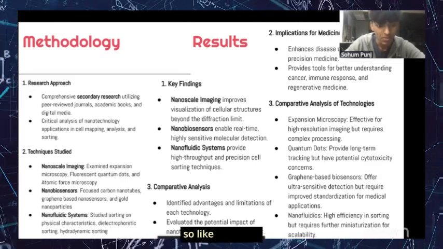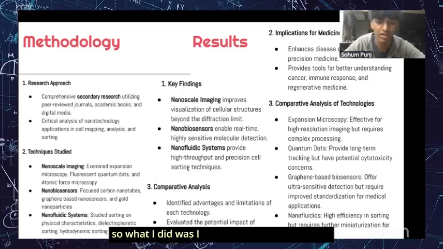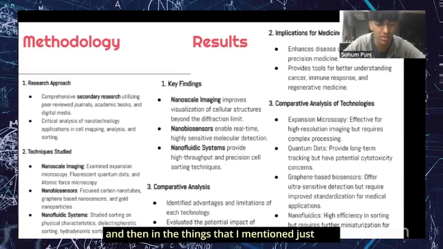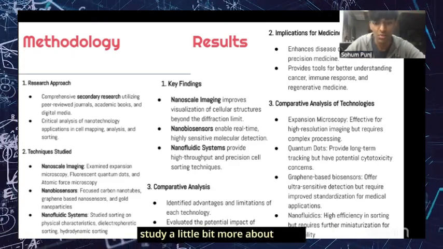Like I said, a lot of this research hasn't been done before, so I focused on these three topics, and then went a little more in depth into each one of the things I mentioned and studied them a bit more.